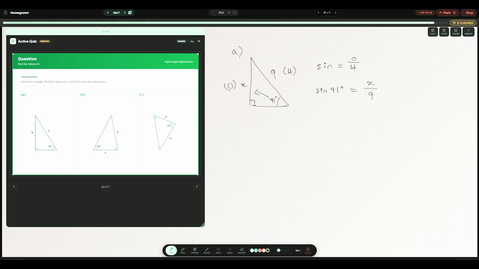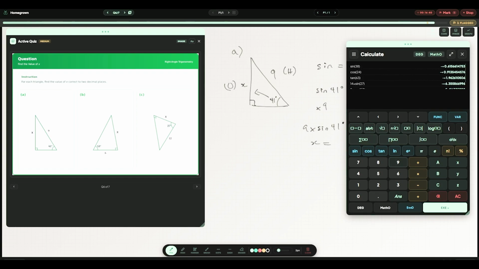And just like the questions we were doing before, in order to solve this for x, all you have to do is multiply both sides by 9. And you're left with 9 times sine 41 degrees is equal to x. And that means that x is approximately equal to, we'll leave it like that. Let's bring up our calculator.